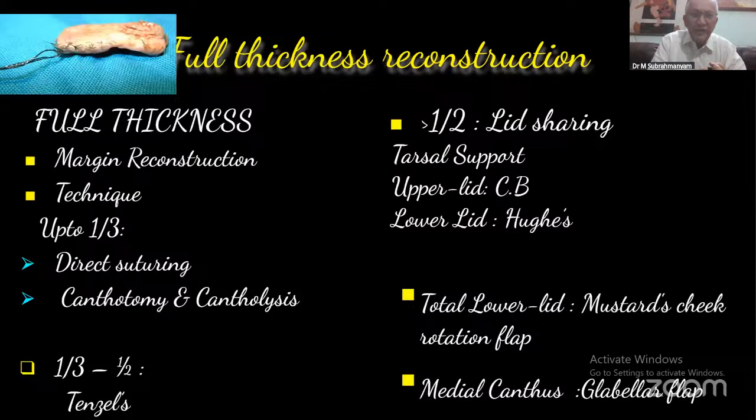Whenever you are sending a specimen to the pathologist, please remember that you have to give the history of the case, the clinical picture, and what you want. That's the diagnosis, and not just the diagnosis, marginal clearance. And for the orientation, you have to keep a suture. You draw a diagram and give it to the pathologist.